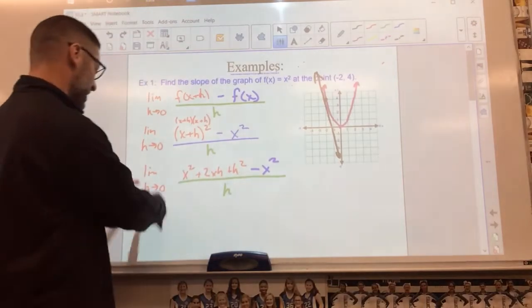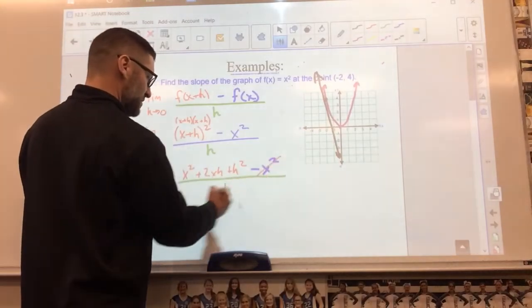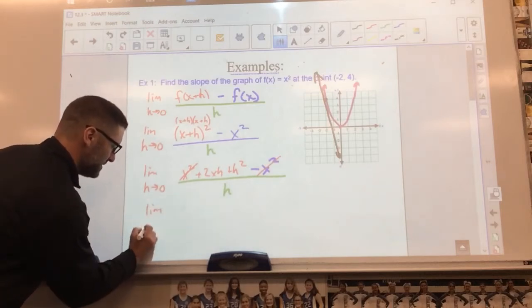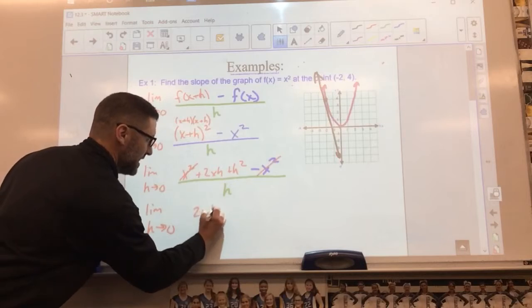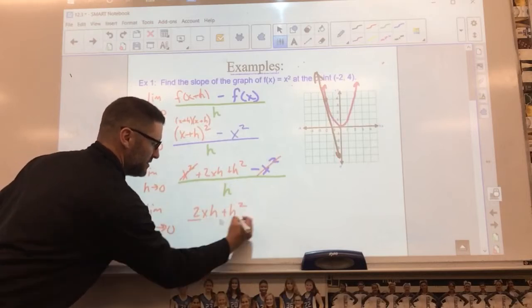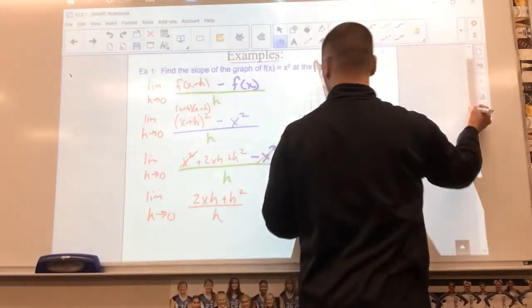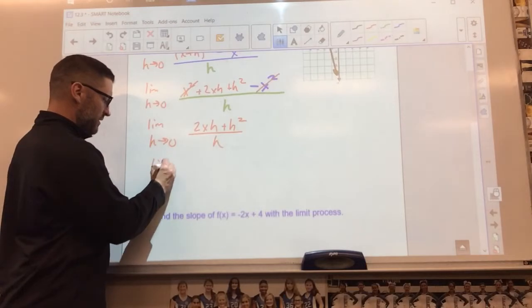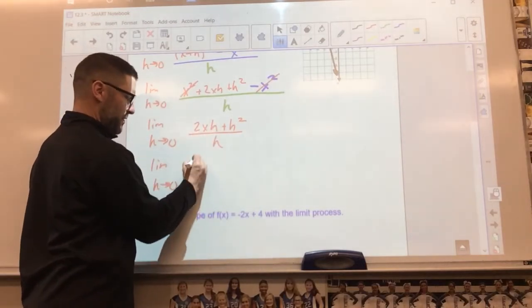So here we go. Find the limit as h goes to 0 of this. We have it here. I notice these two cancel out. I'm left with the limit as h goes to 0 of 2xh plus h squared, all over h. I'm just going to keep it all red right now. All right, so here, I need to keep going. I'm going to find the limit as h goes to 0 of, I'm going to factor an h out of both of those.